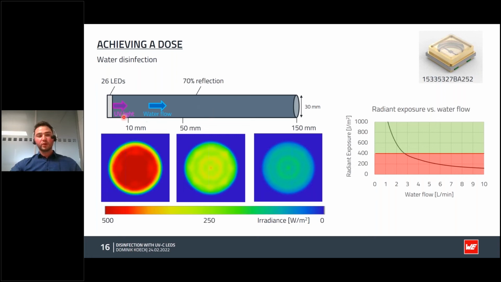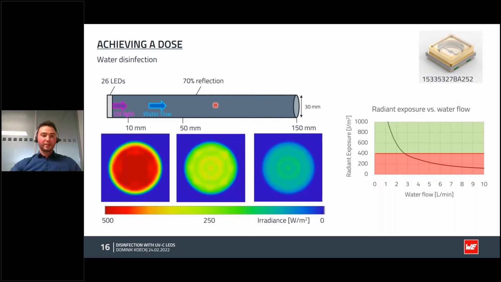What will happen is that you will have a lot of light at the beginning, but the further away you go from the LEDs, the lower the irradiance gets. So you have less power, or less watts per square meter, the further away you go.